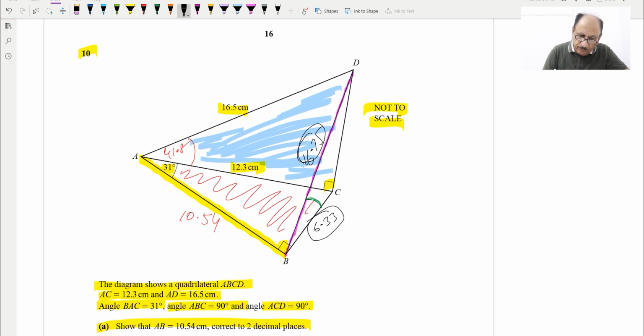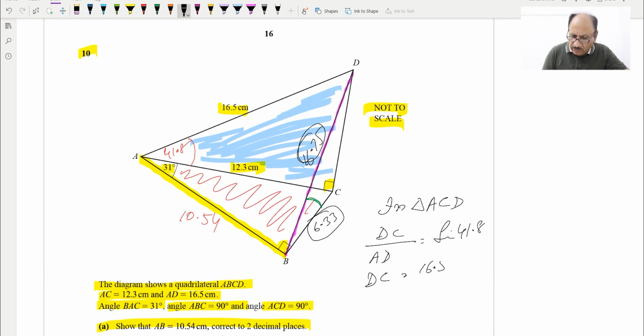We will write in triangle ACD, DC over AD is equal to sine of 41.8, and DC is equal to AD, which is 16.5, sine of 41.8.